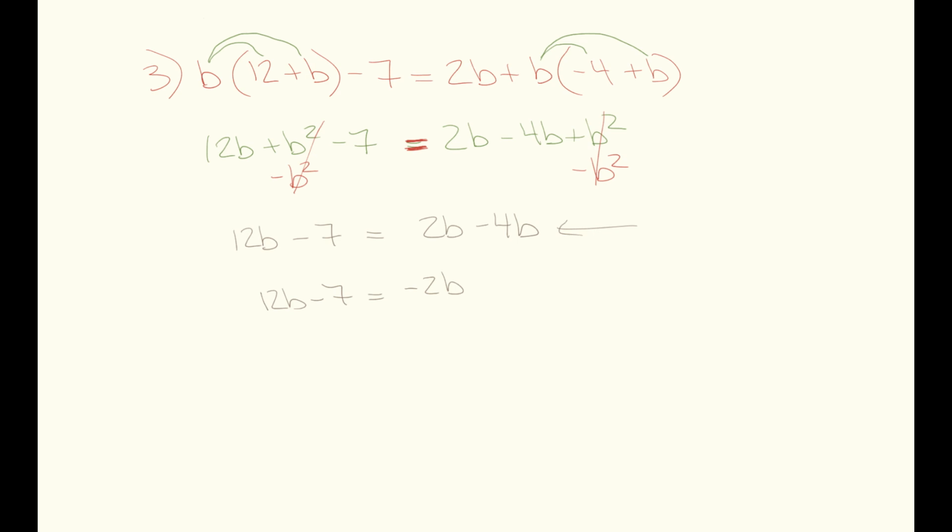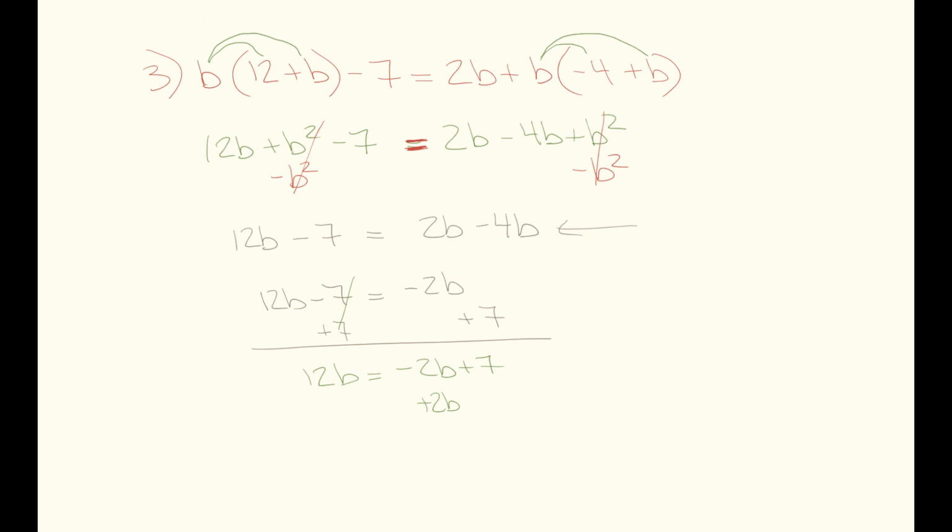Okay, now I want to get my b's on the same side of the equation. So for that, I'm going to move the 7 to this side. Now there are different ways to do this. This is just one, okay? So that would cancel out. I would get 12b equals negative 2b plus 7. And then I'm going to add this 2b to both sides.